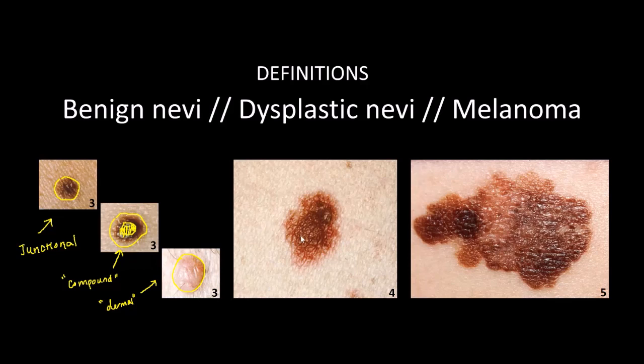Now, if we jump to the dysplastic nevus in the center, I want to call your attention to the fact that this slightly larger lesion has fairly well demarcated borders, maybe some slight irregularity, more so than we saw with the benign nevi. But also notice that there's a degree of asymmetry.